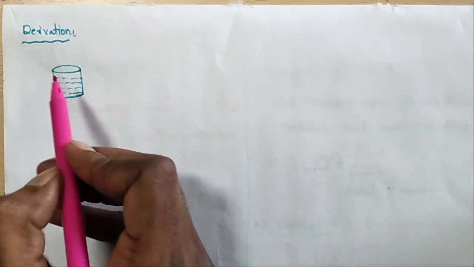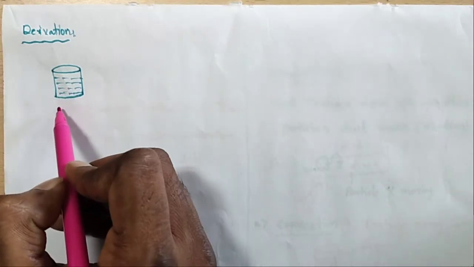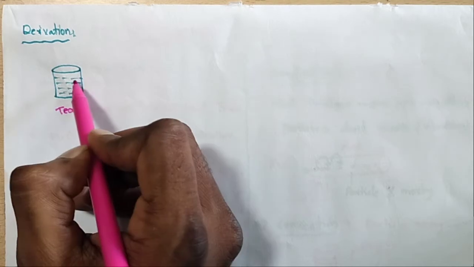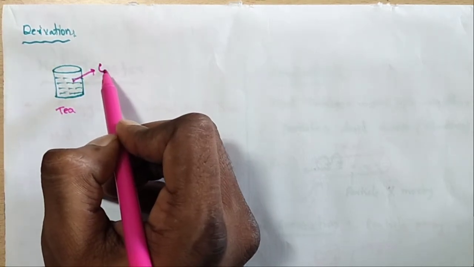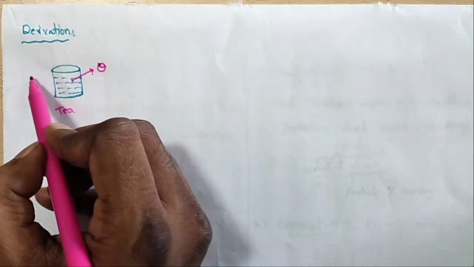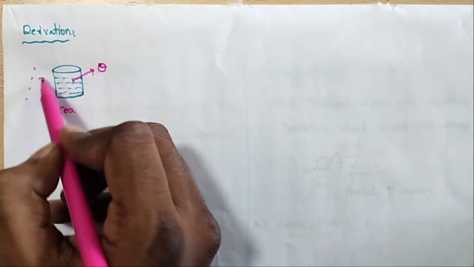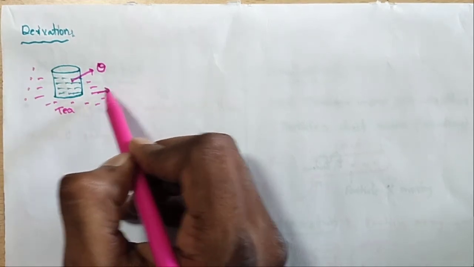Now the derivation of the equation. Let us take one object, some liquid, say tea or coffee. It is hot tea, and theta is its temperature. This all around is the surrounding temperature, which is equal to theta naught.